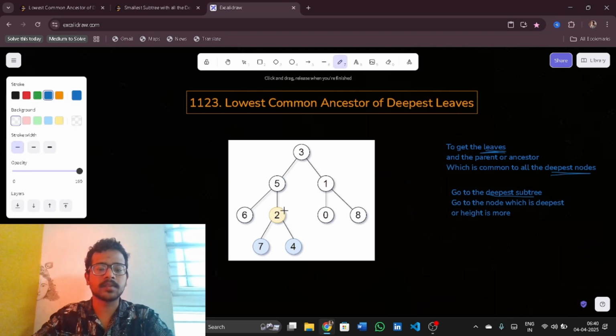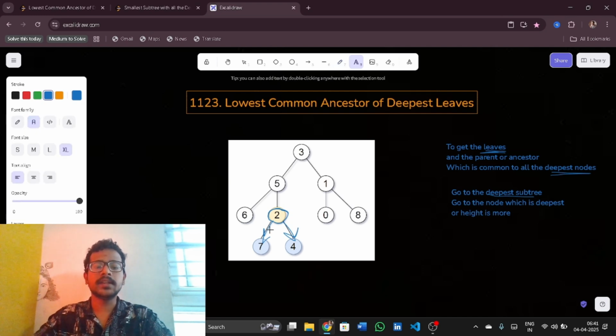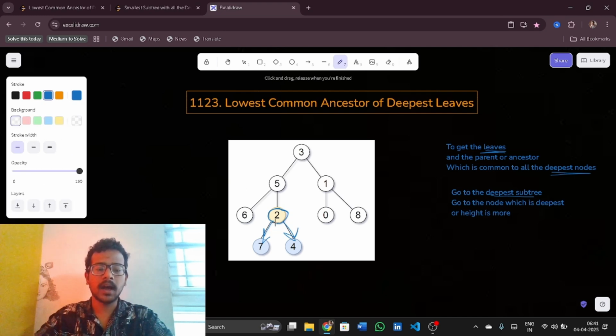Now here comes the question again. Here, the left and right subtrees have the same heights. Now, this will be my answer. So whenever I get a node whose left subtree height and right subtree height are the same, then I will return that node as the answer, the least common ancestor.